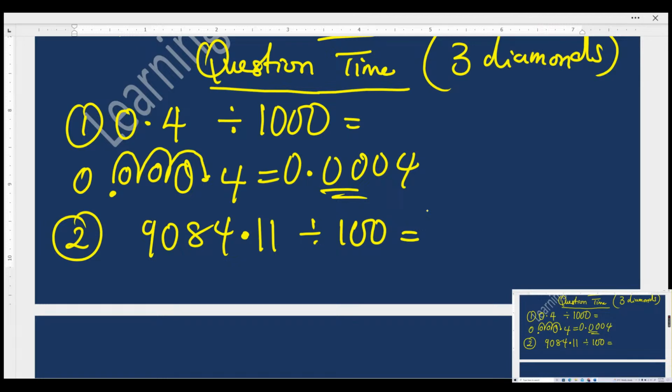So go type your answer, type whether you are a male or a female, and let's have your answer. 9084.11 divided by 100. Let me see your answers in the comment section.